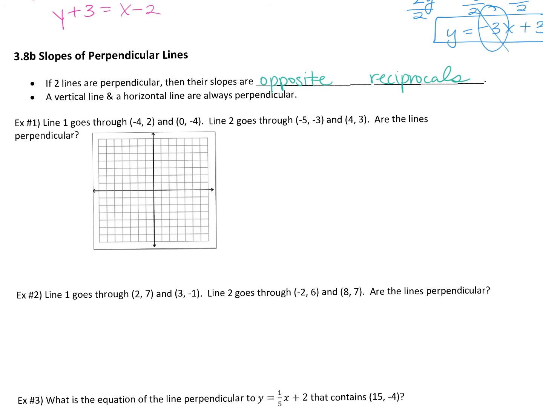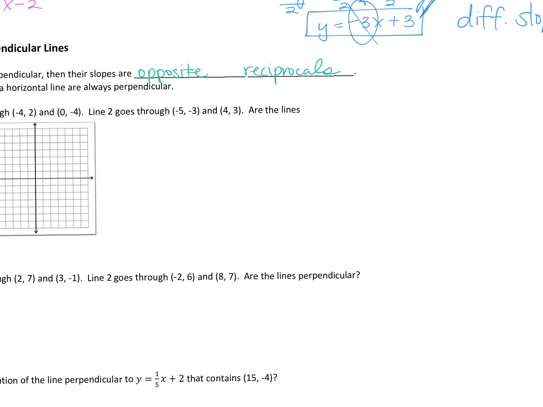Do you know what an opposite reciprocal is? Let's say you have a number like 2/3. What would be opposite of 2/3? Negative 2/3. What's the reciprocal of 2/3? 3/2. So your new slope, if it's perpendicular, is a negative 3/2.